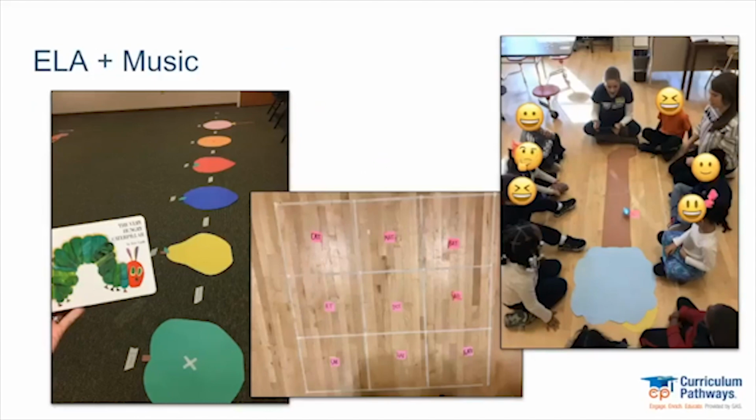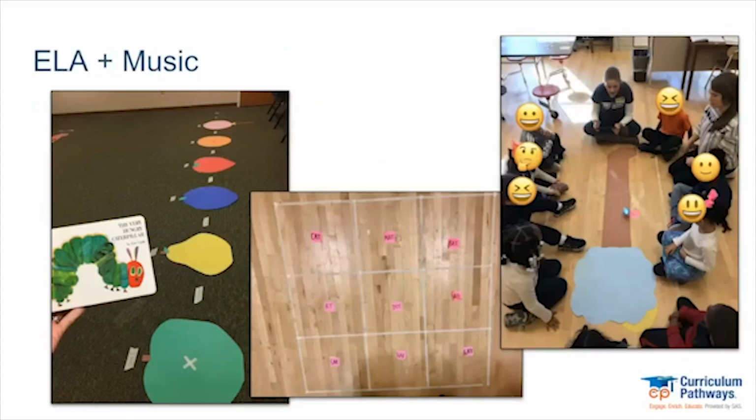Here are some examples using ELA and music. So we have coding of stories like The Very Hungry Caterpillar. We've done exercises using a grid where students have to find rhyming words and word families within the grid. So for example, in this image, you can see they have to get through the grid landing only on at words.